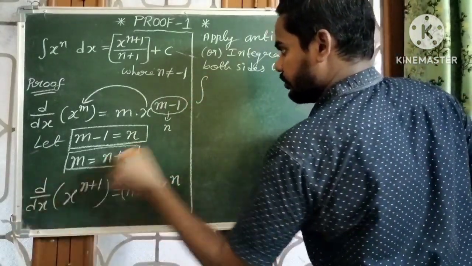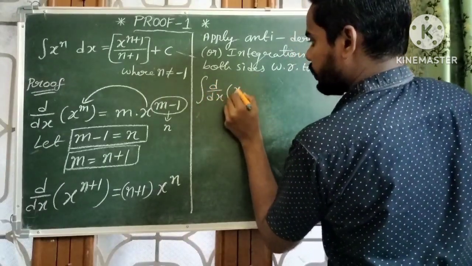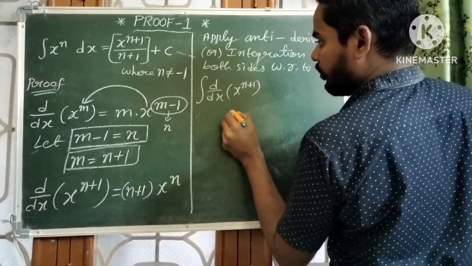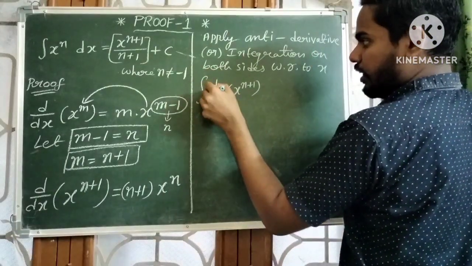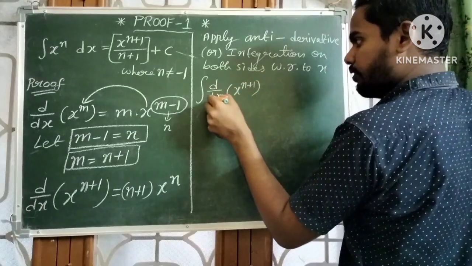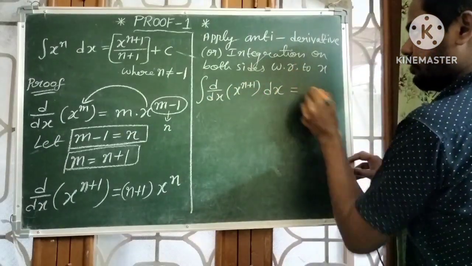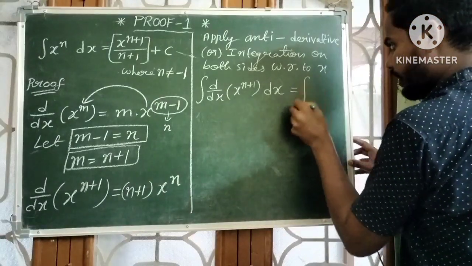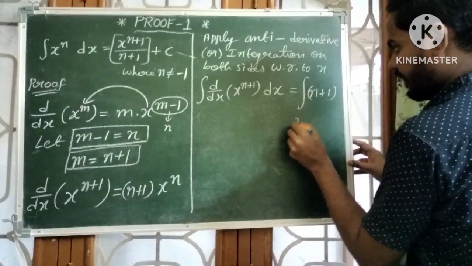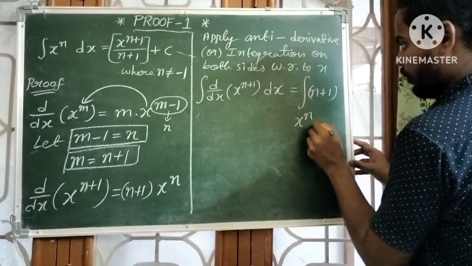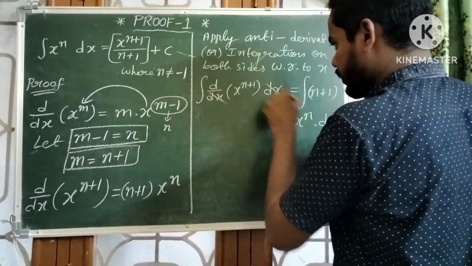This is the derivative, and this is the antiderivative. The integral of the derivative of x power n plus 1 with respect to x, into dx, is equal to the integral of n plus 1 into x power n into dx. So dx gets cancelled.